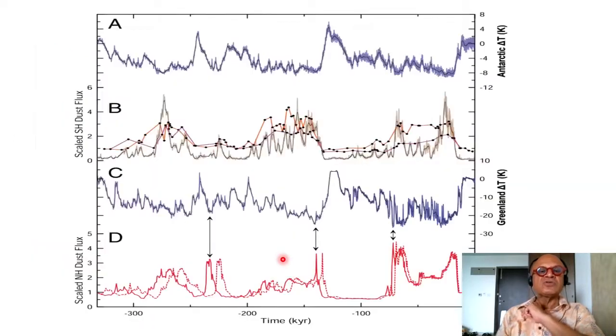So without going into those details, just remember, looking at the impacts, here we are looking at the Antarctic temperature anomaly signal, and time is here going more than 300,000 years, and this is the scaled southern hemisphere dust flux from various sources. So obviously you have, again, going forward in time, glaciation, deglaciation, glaciation, deglaciation.